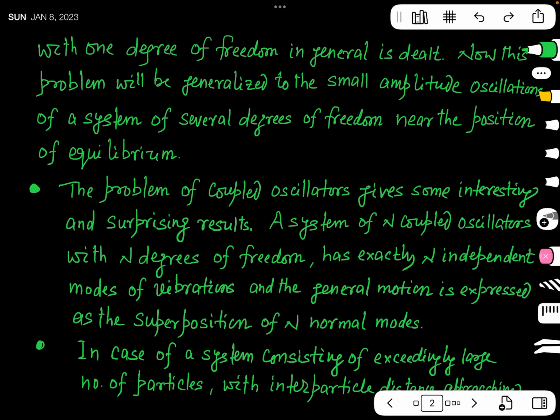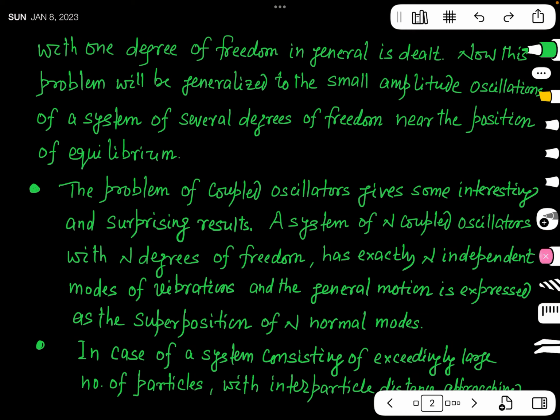So we are going to discuss the theory of small oscillations in general form, where we will deal with the harmonic oscillator problem not of only 1 degree of freedom, but of several degrees of freedom. And that's why we will get some new ideas, new concepts, new results.